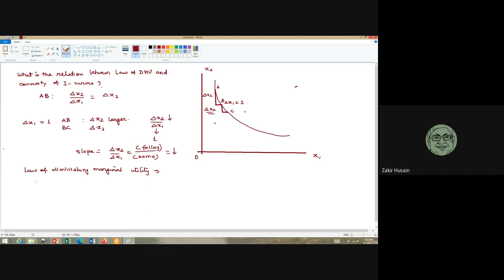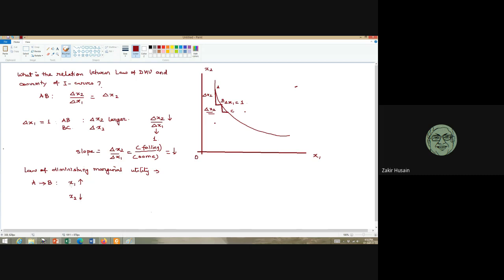So when we are starting from A, we start from A and we move to B. Now what does this imply? x1 goes up and x2 comes down.